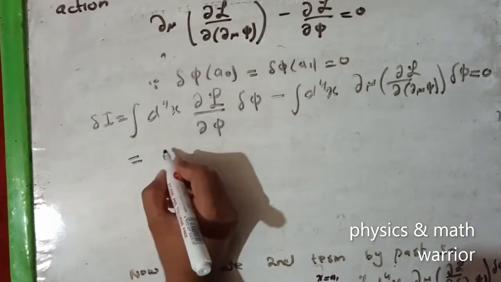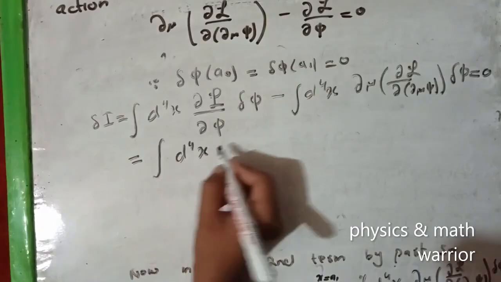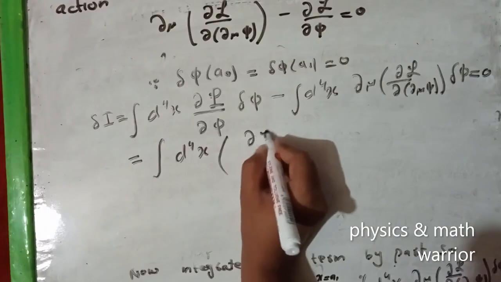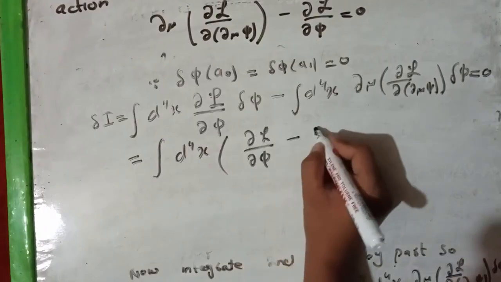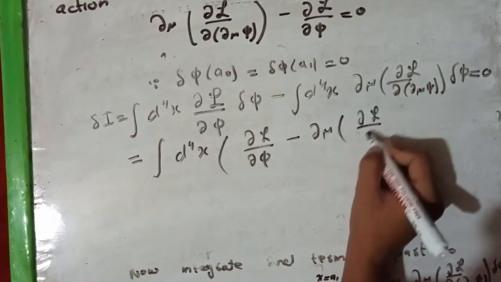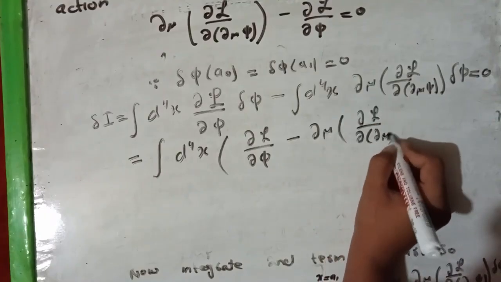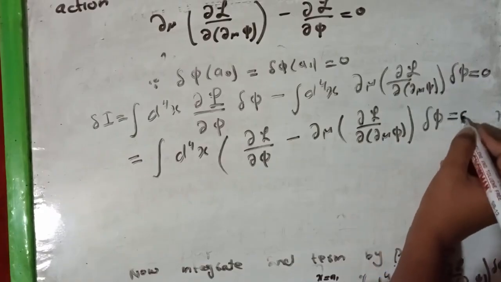This can also be written as the integral d⁴x of [∂L/∂φ − ∂_μ(∂L/∂(∂_μ φ))] δφ, equal to 0.